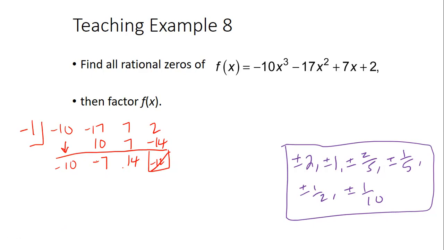Okay? All right. What I'm going to challenge you with is to choose a number. We already know that negative 1 does not work. Well, I didn't mean to cross out the whole thing. Just cross out the negative.